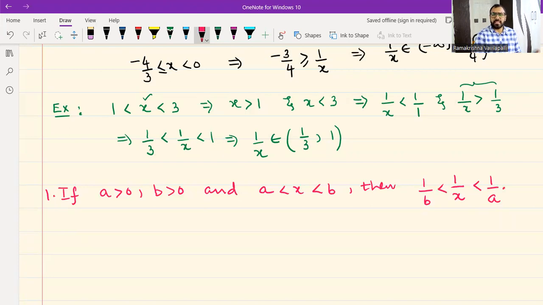So it is nothing but a combination of two inequalities. I'll write again, a is less than x and x is less than b.